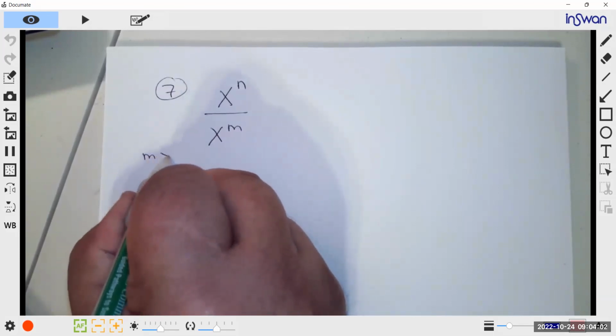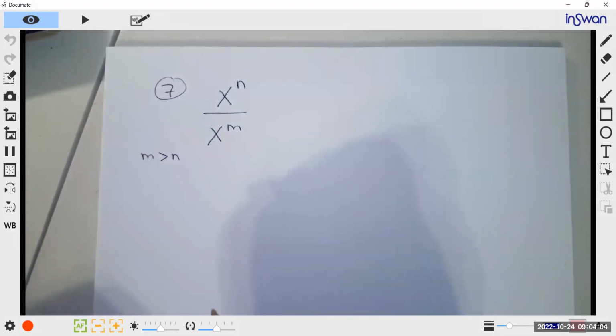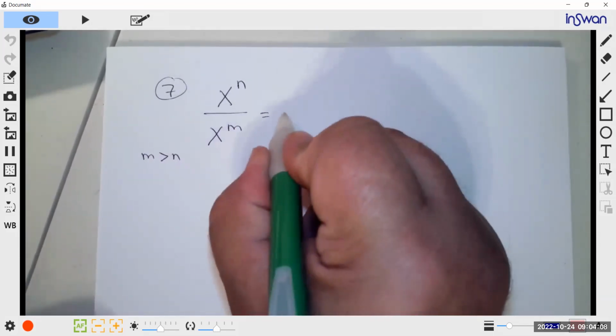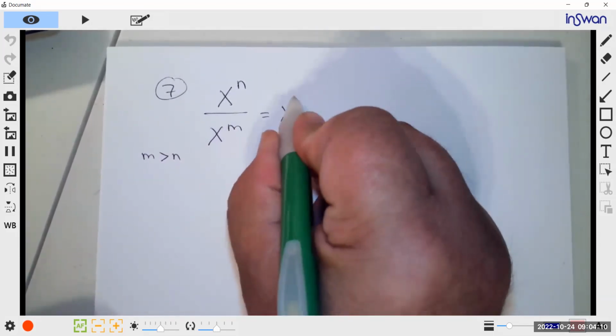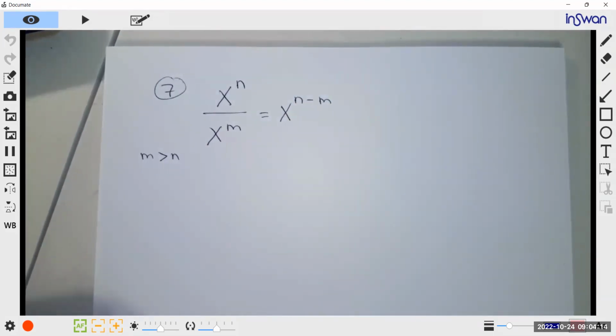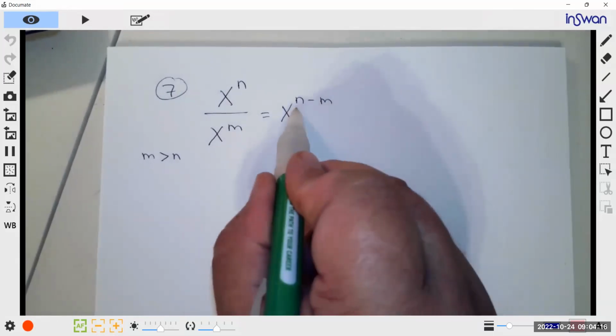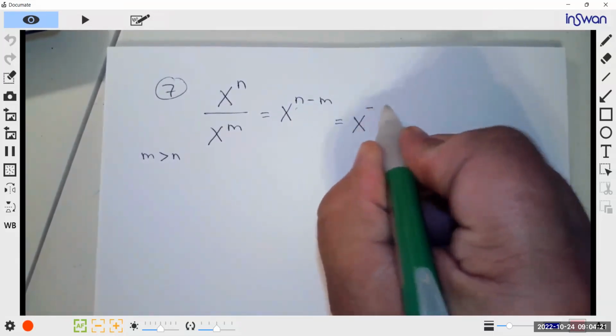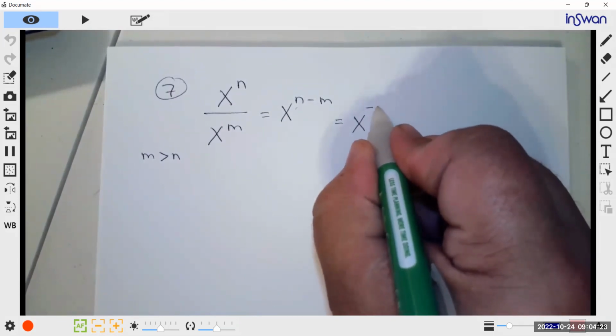Again, m is still bigger than n. So the bigger number's down here. What would happen if we did this? So smaller minus bigger. What we're going to end up with is a negative number.